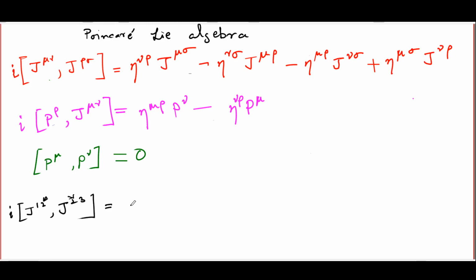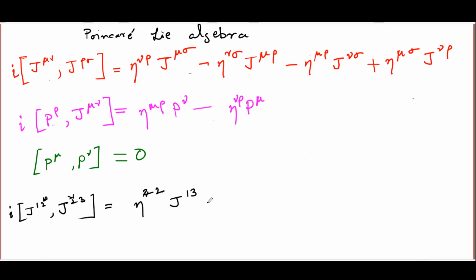So, remember, the non-zero term will be eta nu rho. So, 2, 2. So, the two inner ones go into eta, and the two outer ones go into J. So, J13. I don't even have to look at the other terms because they will only have etas with two different indices, so they will all vanish.